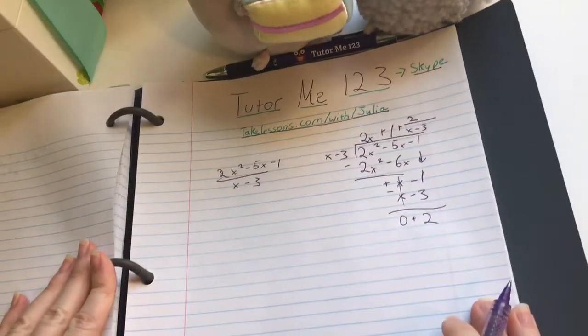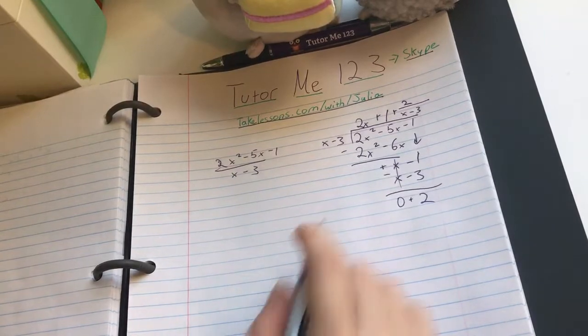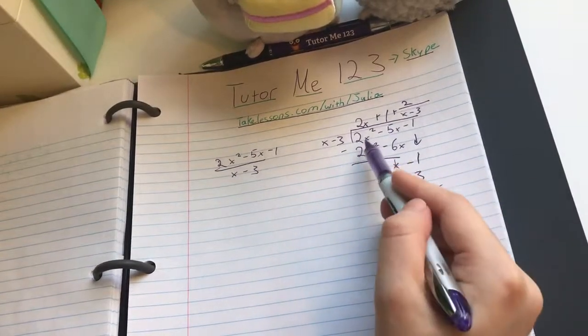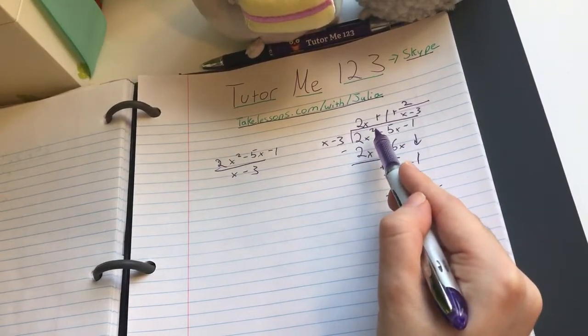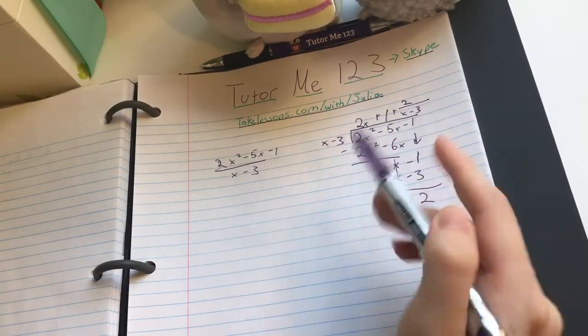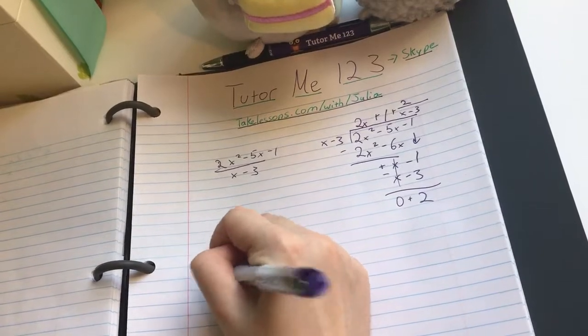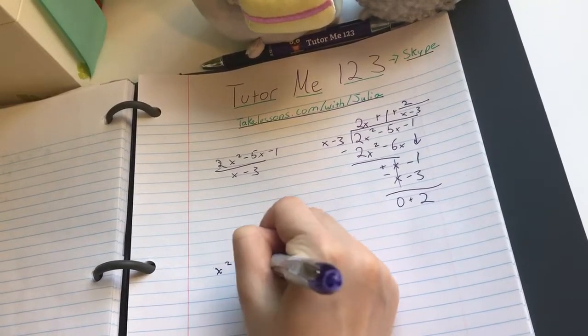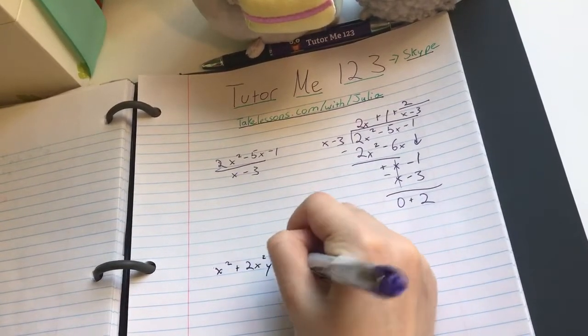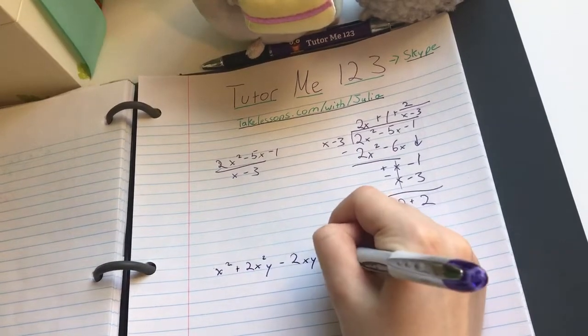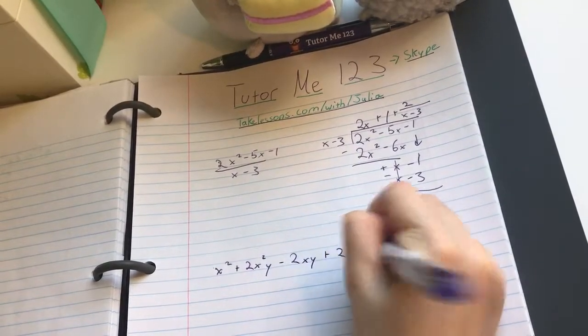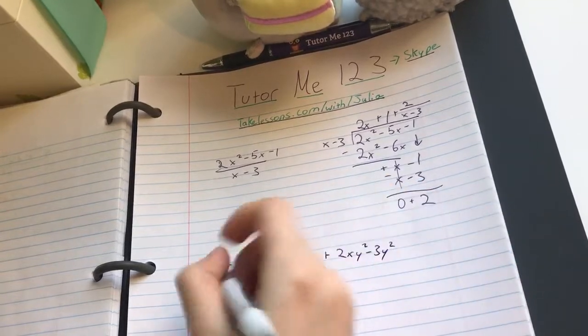Okay, let's try one that's just a little bit more complicated, in the case where we have something like x squared plus 2x squared y minus 2xy plus 2xy squared minus 3y squared.